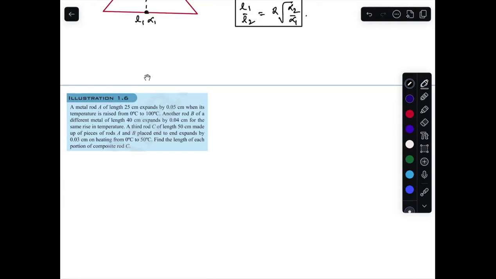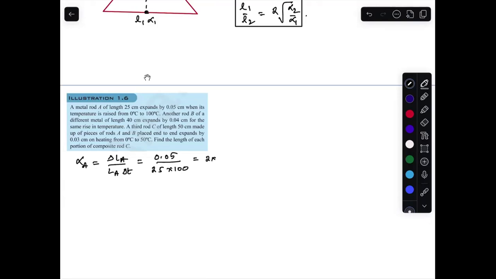The first part of the data is alpha A is delta L by L times delta T, delta L A by L A times delta T. That is 0.05 by 25 times 100. Can you please help me with this value?